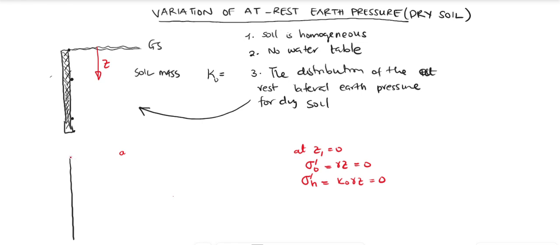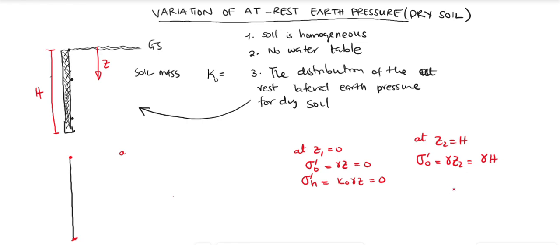So at the ground surface, our at rest earth pressure will be 0. Now let's assume that the distance from here to here is H. Then let's look at the bottom. At Z2 equal to H, that is at the base of the retaining wall, the geostatic stress at that point is gamma Z2, and we know that Z2 is H, so it's going to be gamma H.